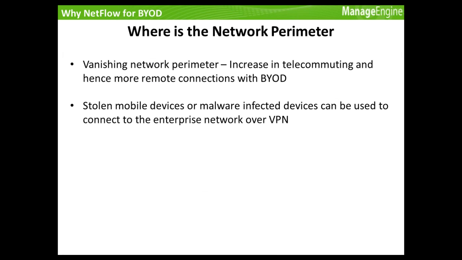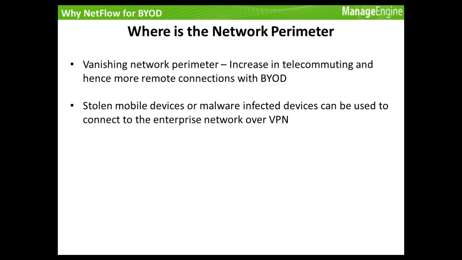And the vanishing network perimeter. I talked about this in my last webinar: the network perimeter was disappearing, because of which you would have security issues coming up. That has actually increased with the BYOD trend.